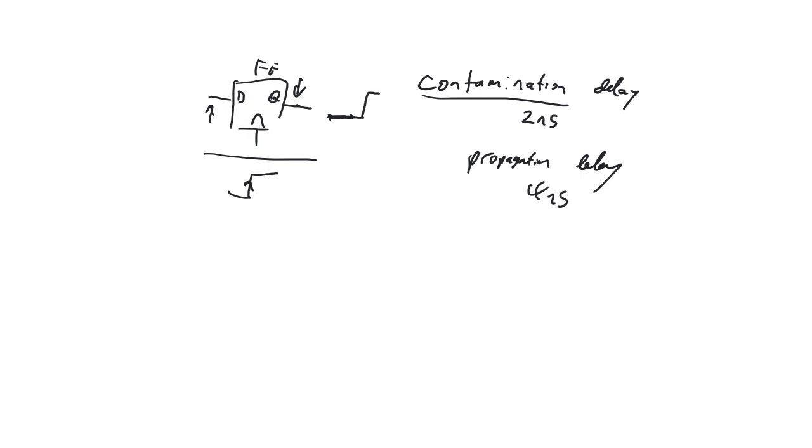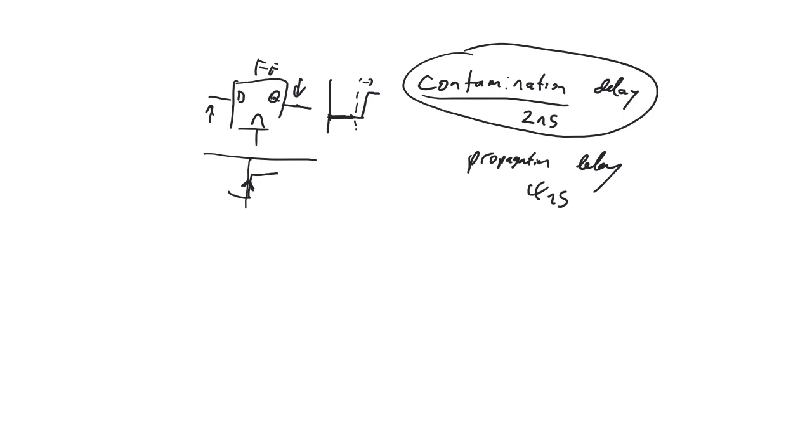It's just I'm taking the input, in this case, to be the rising edge of the clock. That's when the delays start to get timed. So to summarize, when there's a rising edge of the clock, the output of my flip-flop is not going to change until the contamination delay period has expired.